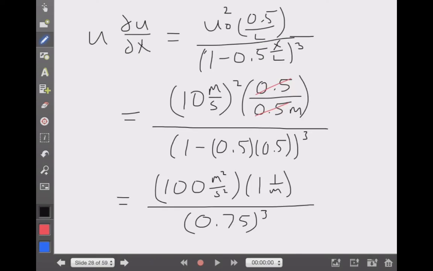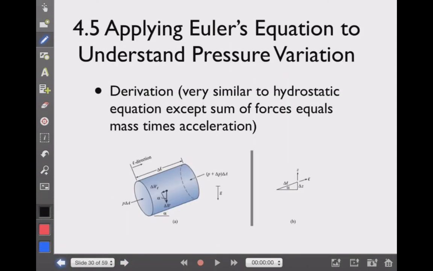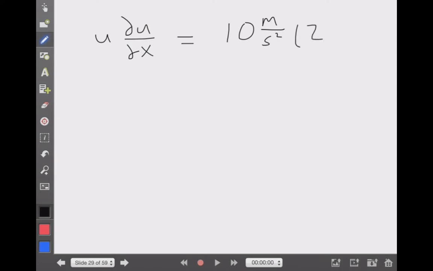If we multiply all this out, we're going to have 1 over 0.75 cubed, which is equal to 2.37.